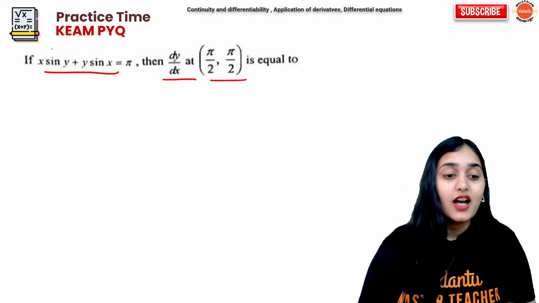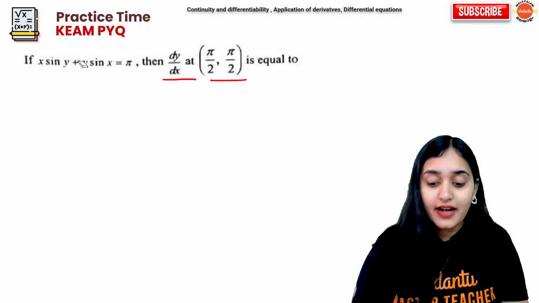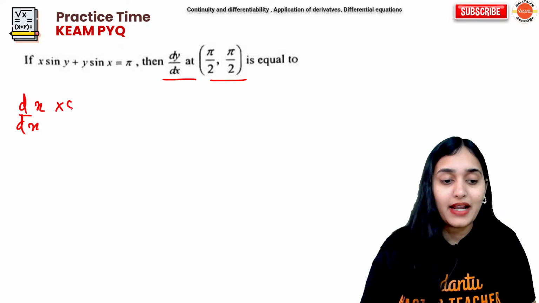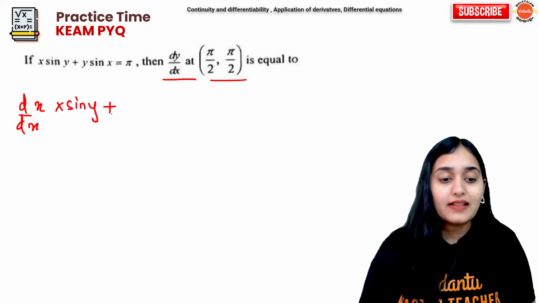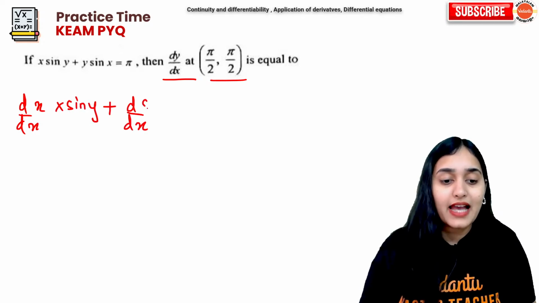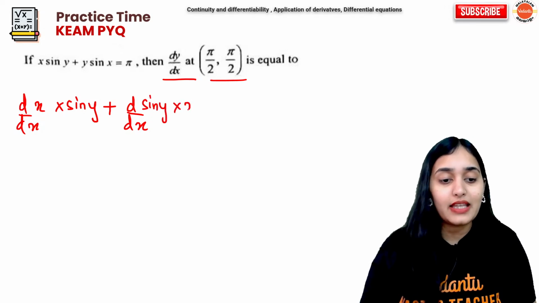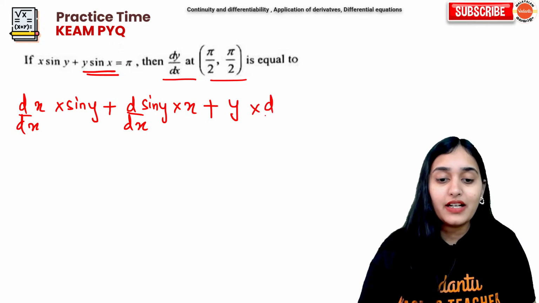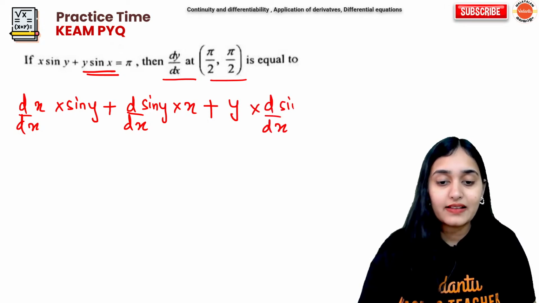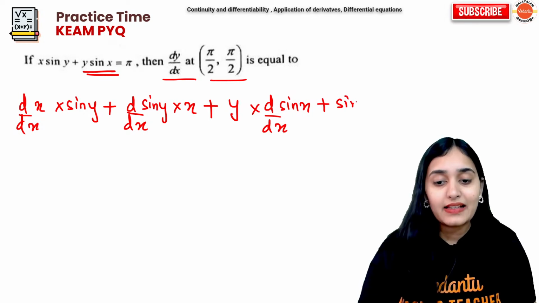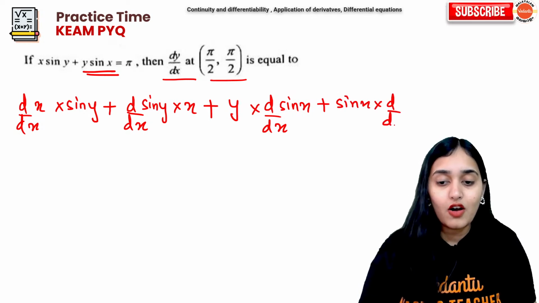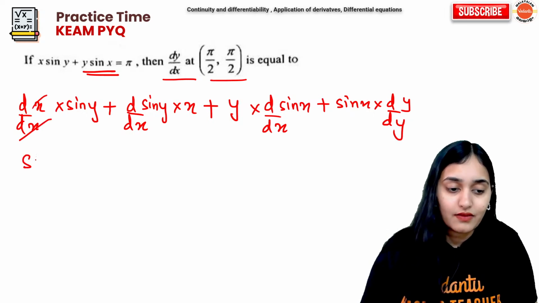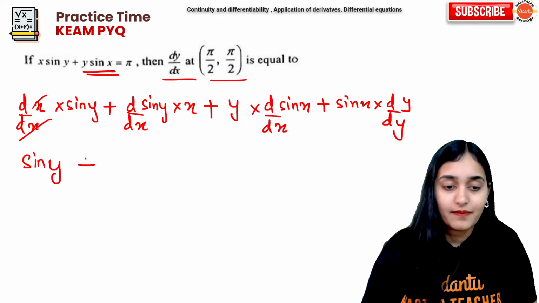Let's do that. So, again, product rule. Product rule is differentiation of x multiplied with sin y plus differentiation of sin y multiplied with x, plus differentiate this y multiplied with differentiation of sin x plus sin x multiplied with differentiation of y. So dx by dx is 1, sin y.